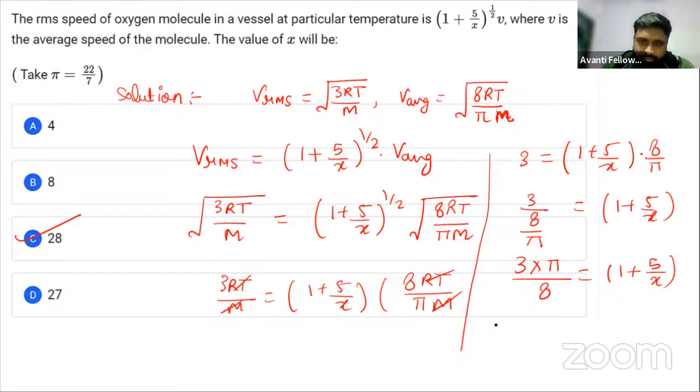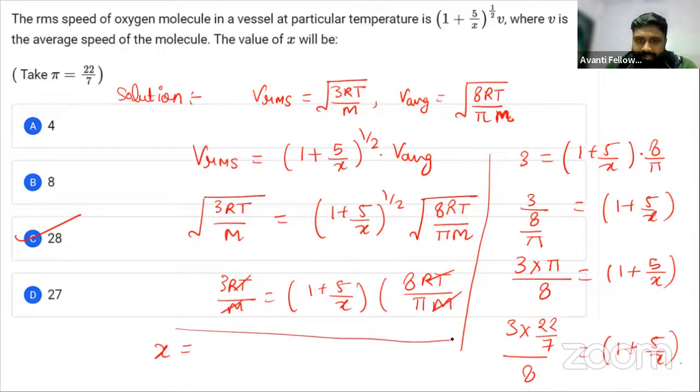Okay, so if you solve it, this will become 3 into 22 by 7, that value is given to you, divided by 8 equals 1 plus 5 upon x. Now if you solve it further, the value of x that came out, I'm writing it directly here. So the value of x that you will get here is 28.